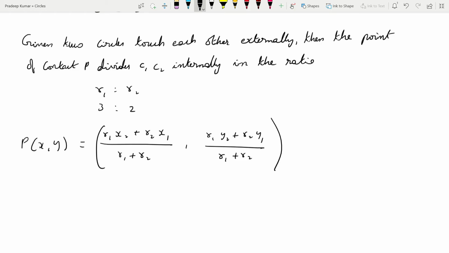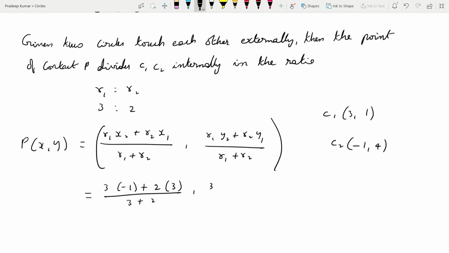When it comes to the points x1, y1, x2, y2, the first center gives 3, 1, which is x1 and y1, and the second center gives us x2 and y2. We'll substitute those values to get the point where the two circles touch. So R1 is 3, x2 is -1, R2 is 2, and x1 is 3, over 3 plus 2.